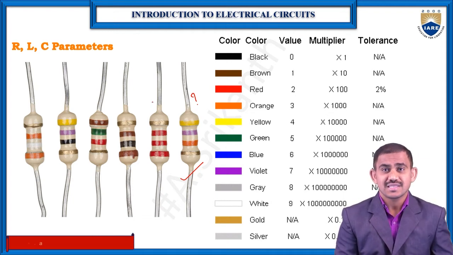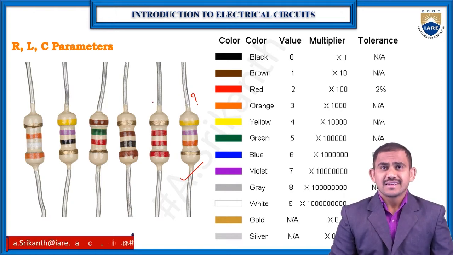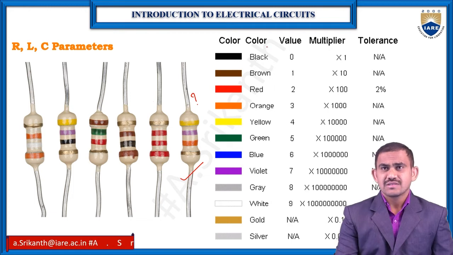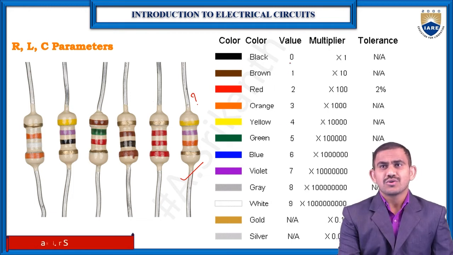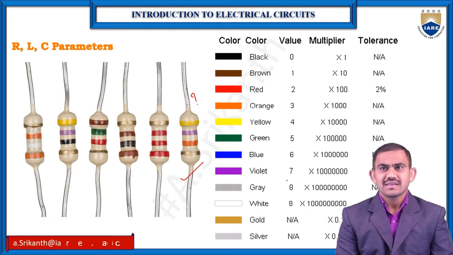We have different resistors also, so we have color coding for resistors. This is the range. Black color is 0, brown color is 1, red color is 2, orange color is 3, yellow color is 4, green color is 5, blue color is 6, violet color is 7, gray color is 8, white color is 9, and gold color and silver color are none, but they give some tolerance: 5% and 10%.